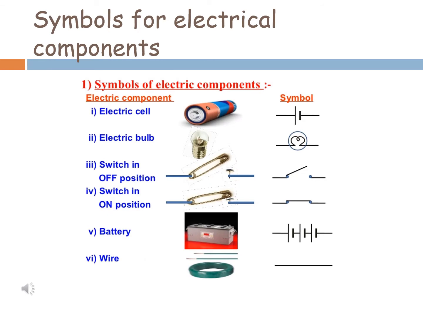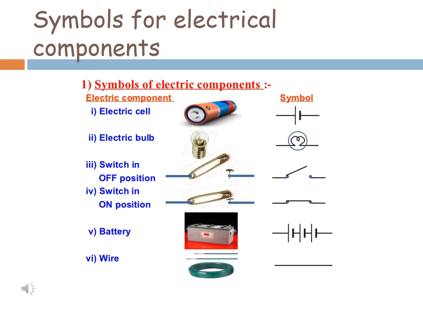First, let us discuss symbols for electrical components. We know that we use different components such as cells, bulbs and wires in an electric circuit. These components are also known as elements of an electric circuit. If you want to draw an electric circuit, it would be difficult to make diagrams of these components.